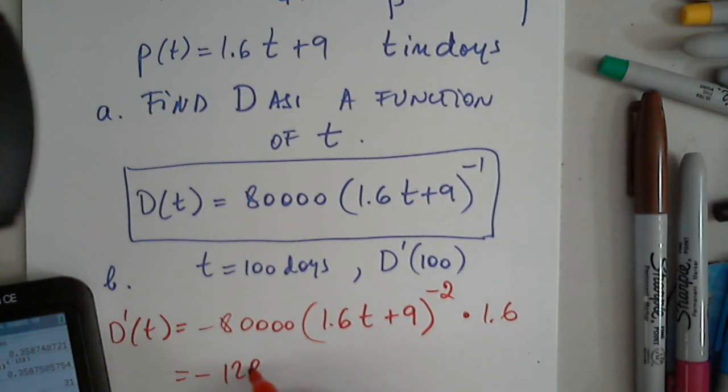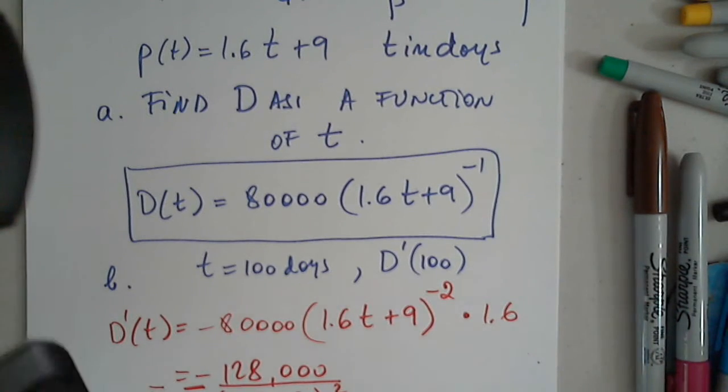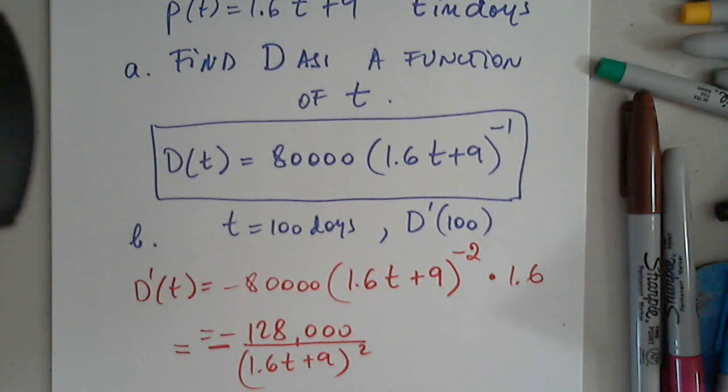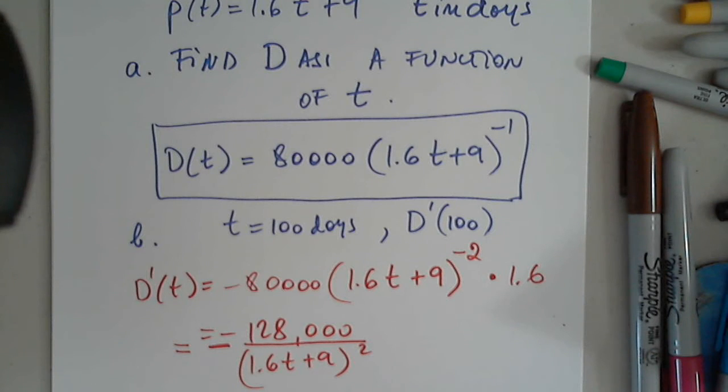So negative 128,000, everything divided by 1.6T plus 9 to the second power. I need to have the equal symbol and the negative symbol right in front. Oops. Okay. So everything has to be lined up: the equal symbol, the negative sign, and the fraction line.